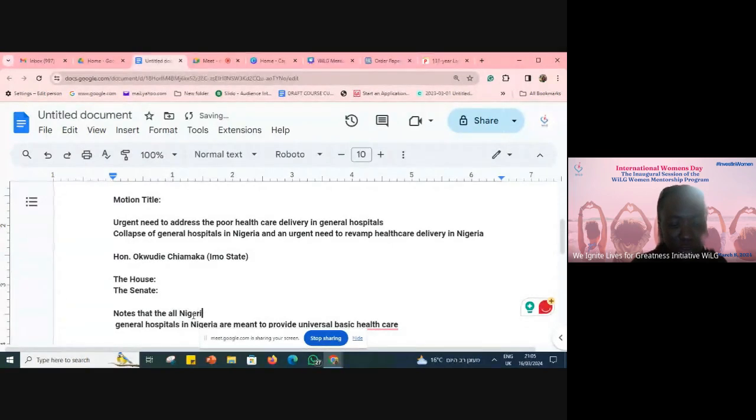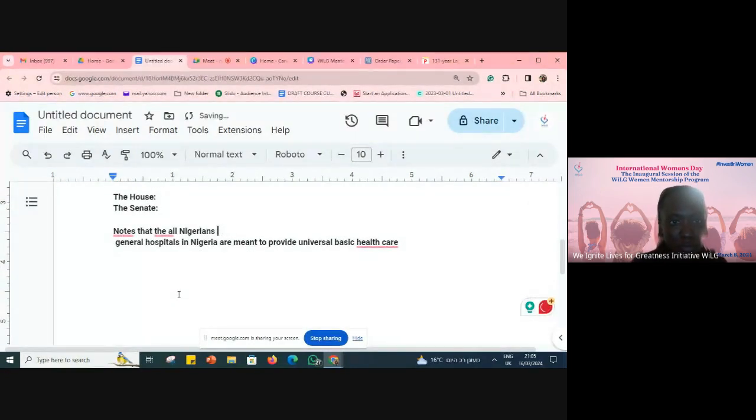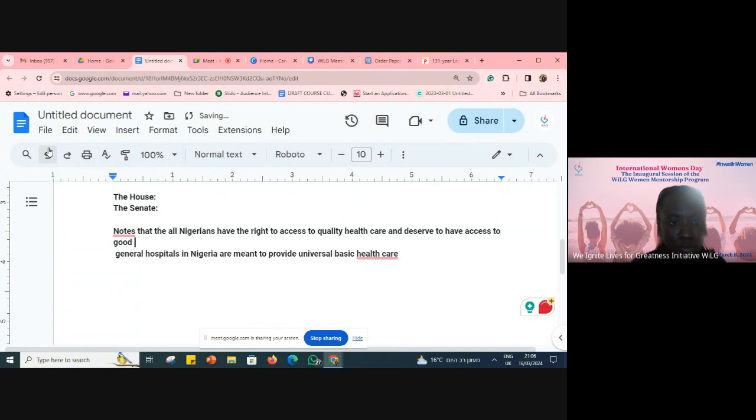Note that all Nigerians have the right to access quality health care and deserve to have access to good doctors and well-equipped hospital facilities.